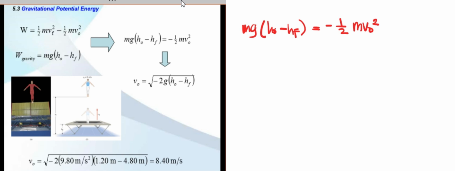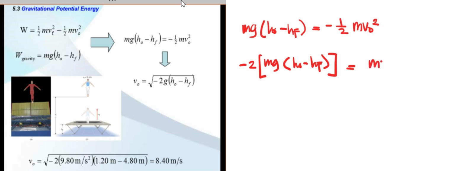So by just cross multiplying, we'll have here negative 2 mg quantity HO minus HF is equal to m v sub O squared.